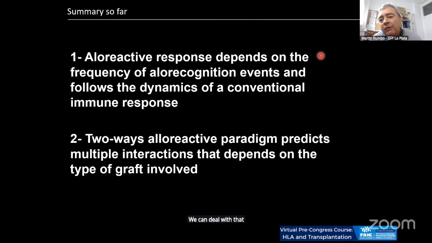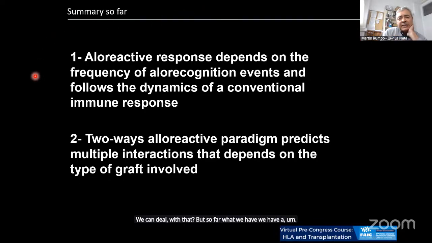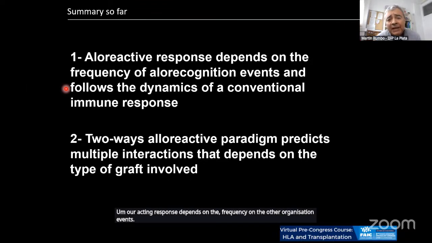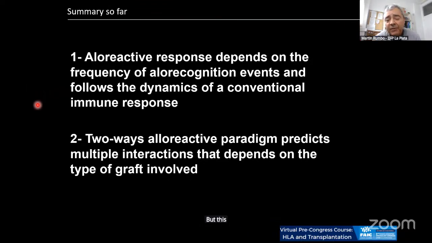But so far, what we have gone along with is that alloreactive response depends on the frequency of the allorecognition events, but this follows the dynamics of a conventional immune response.